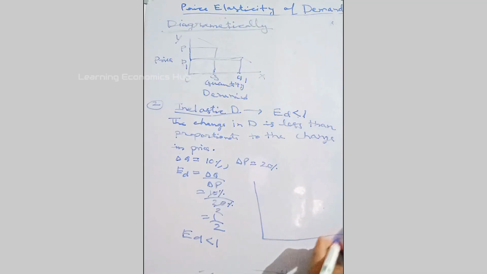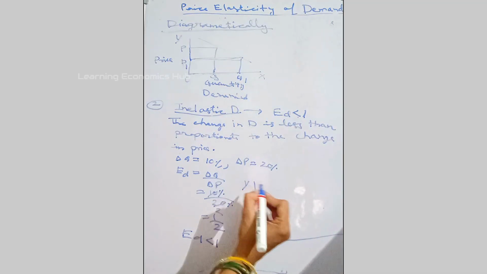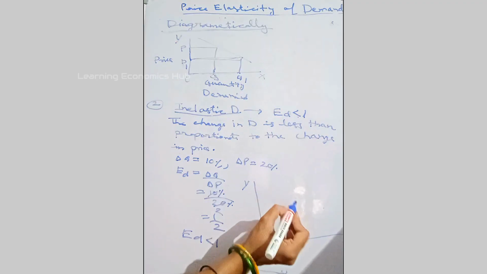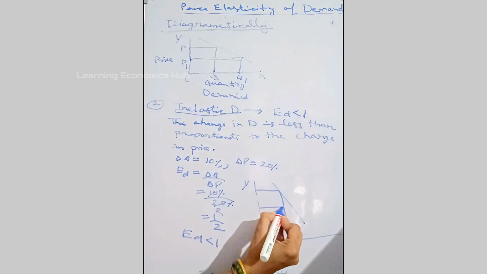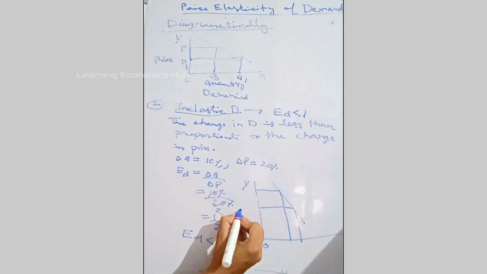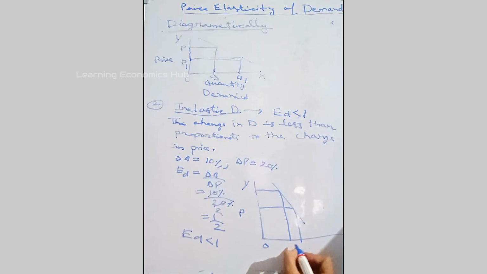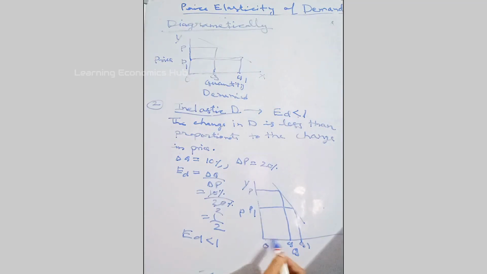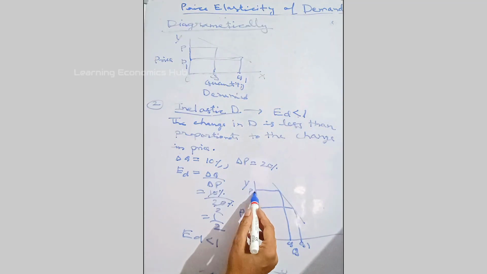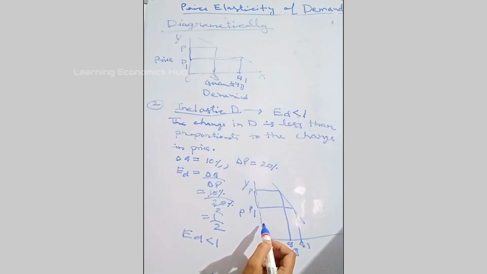Diagrammatically, x-axis 0, y-axis, here is price and here is quantity demanded. Q, Q1, P, P1. The change in demand is less than proportionate change in price.